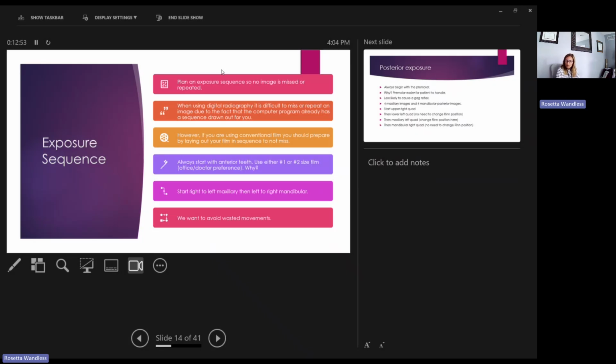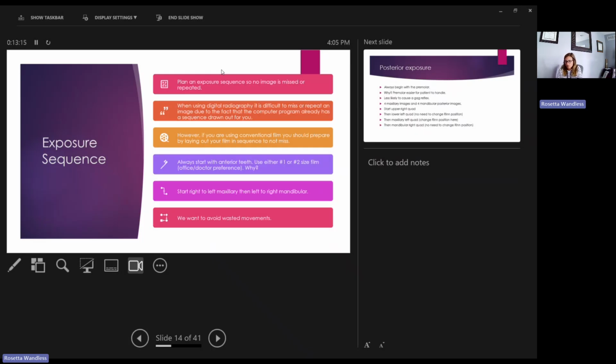It can start with bite wings, and it's really dealer's choice there, okay? But we're going to start primarily with the posterior exposures and work our way up. So we plan our exposure sequence so no images are missed or repeated. That's the only reason why we want to plan ahead of the sequence so we don't miss anything.